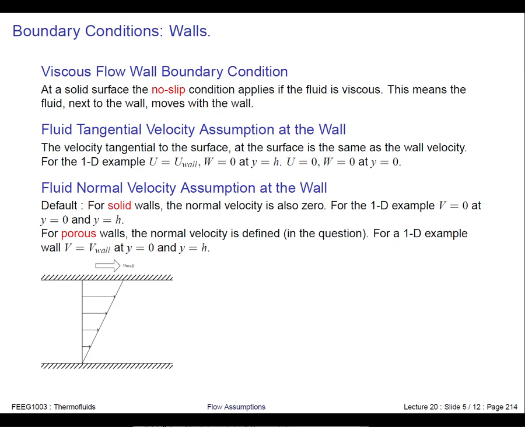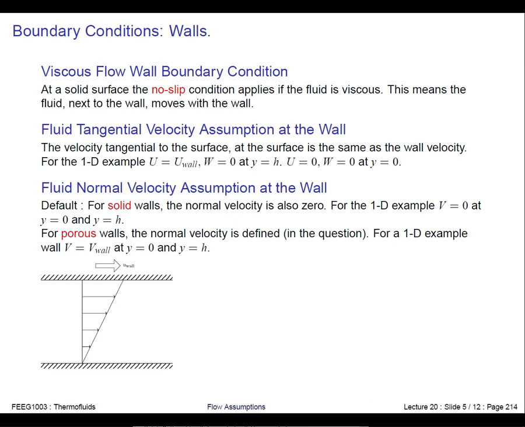So here we start talking about the physical interpretation of these things. The first one is velocity at walls, and we make the assumption that there is a no slip condition if the fluid is viscous. If it's viscous, it means the viscosity is non-zero. What this means is the fluid next to the wall is moving with the wall.